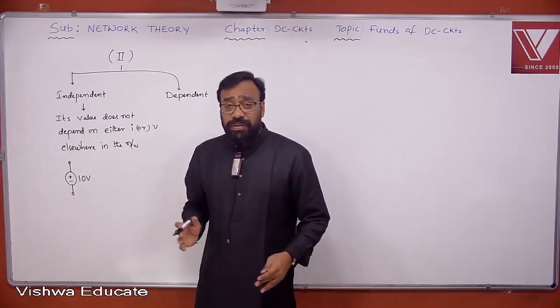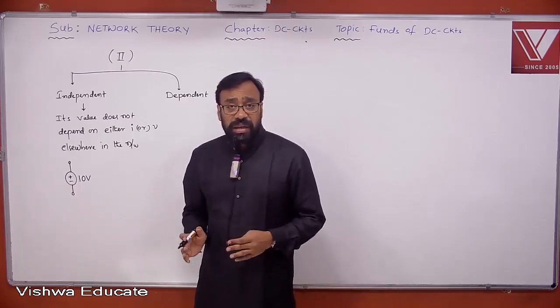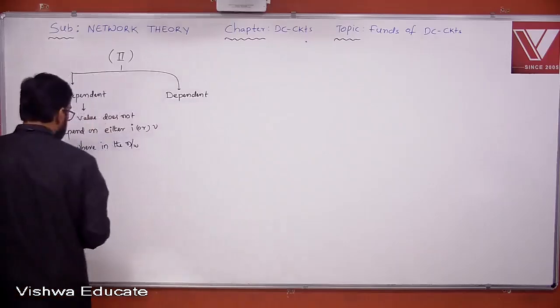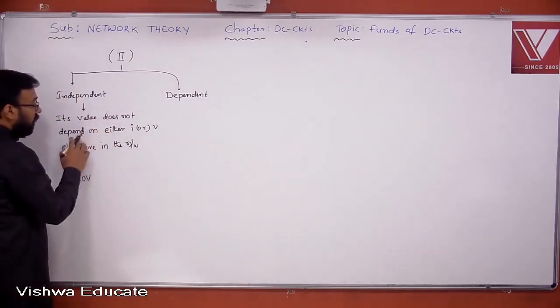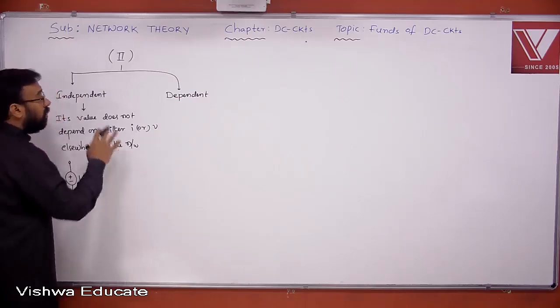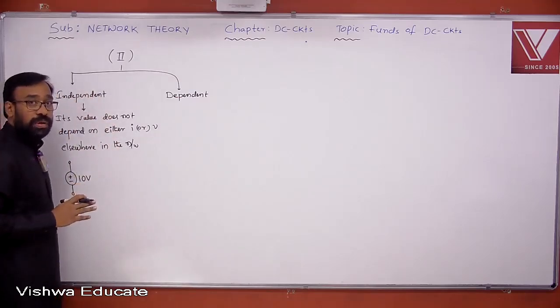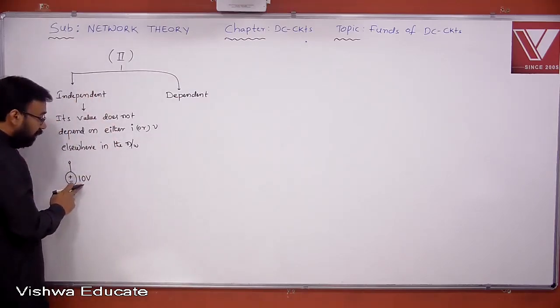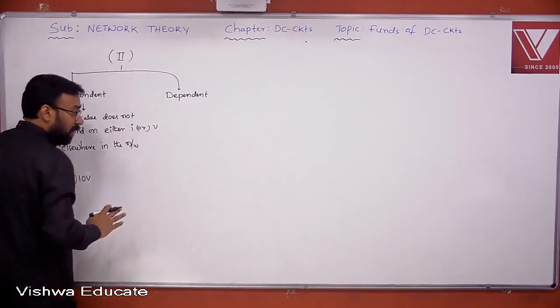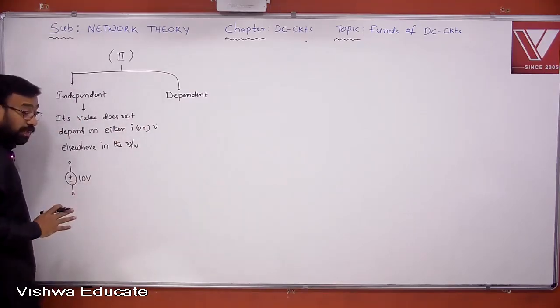It supplies the power. We can define more elaborately the independent voltage source. See, its value does not depend on either current or voltage elsewhere in the network is a standard statement for what is an independent source. Now 10 volts means 10 volts. You make any changes in the network, this particular 10 volts remains 10 volts.